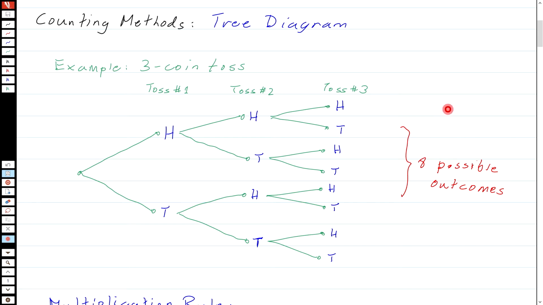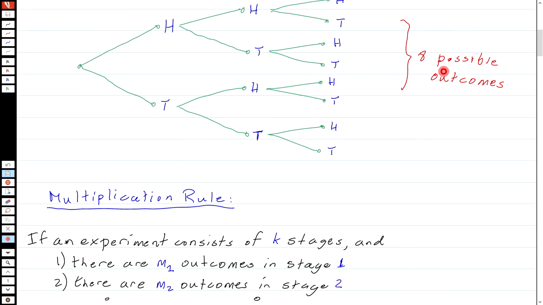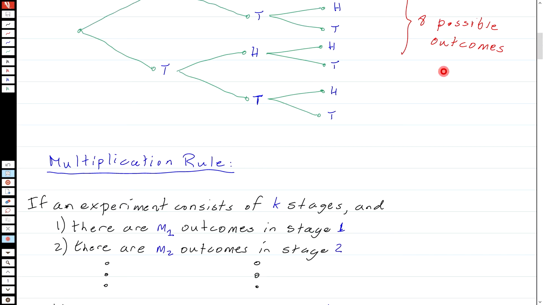The tree diagram is useful if it isn't too complicated. If you've got many tosses or many possible outcomes at each stage, the tree diagram becomes less easy to draw. So it's basically based on the so-called multiplication rule, which goes as follows.